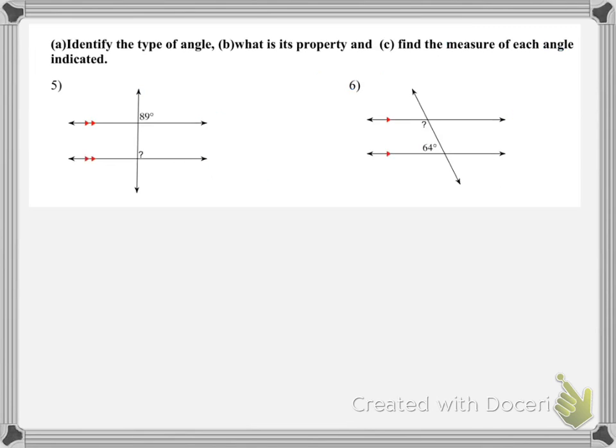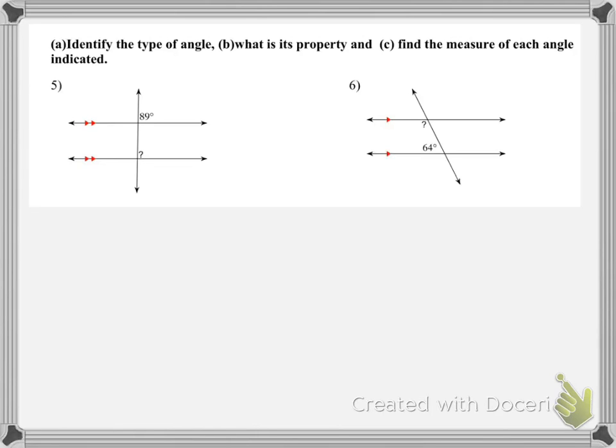Okay. All right, so question number 5 and 6 here, it's asking us to A, identify the type of angle, B, what is its property, and then C, find the measure of the indicated angle. So here for number 5, everything, remember, is in reference to our parallel lines.